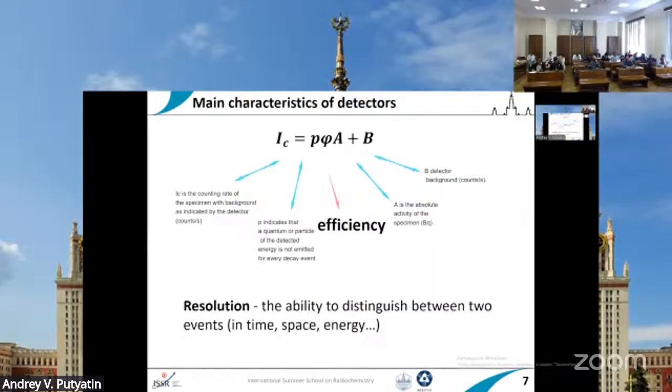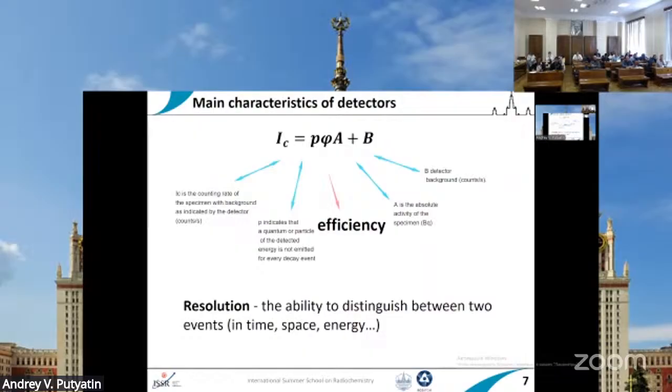It can also be resolution in space. That is important for track detectors, for example, when we visualize our particles, or resolution in energy, when we try to analyze which radionuclide emitted this energy of gamma quanta or alpha particles.